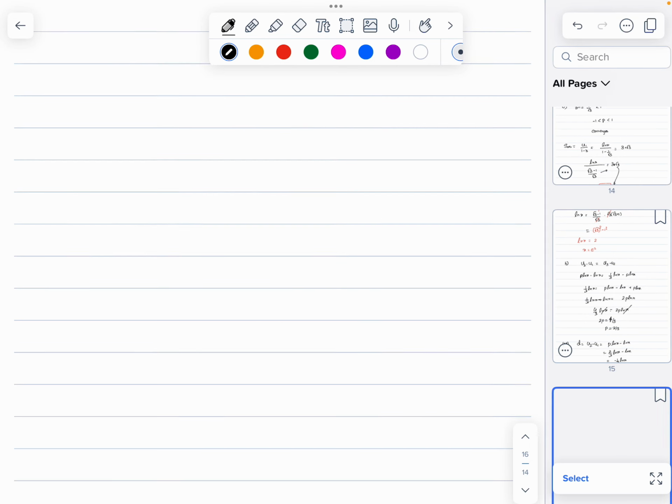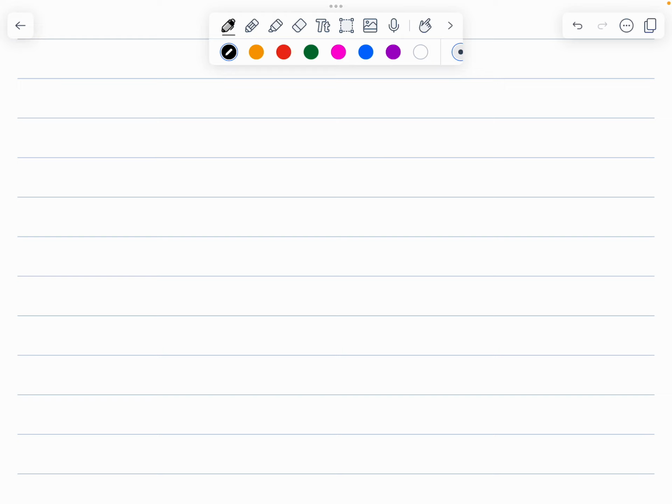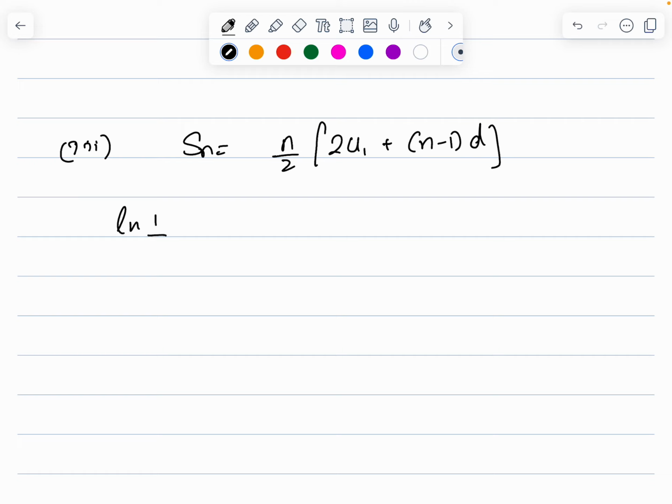Now finally, he gave the sum to n terms is ln 1 upon x cube. So part 3, Sn equals n upon 2 times (2u1 plus (n minus 1) times d). Which is ln 1 upon x cube equals n upon 2 times (2 ln x plus (n minus 1) times minus 1 upon 3 ln x).